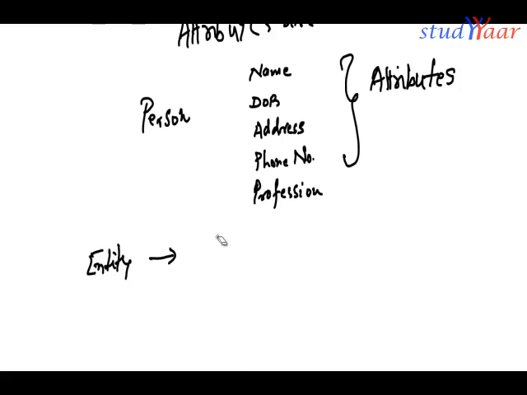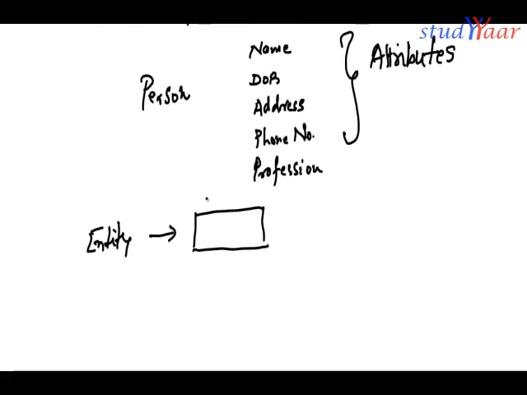An entity is represented by a rectangle, not an oval. So this is the representation of an entity and we write the name of the entity inside it. So if I have to represent persons, the set of all the persons, I'll write it like this in an entity relationship diagram.